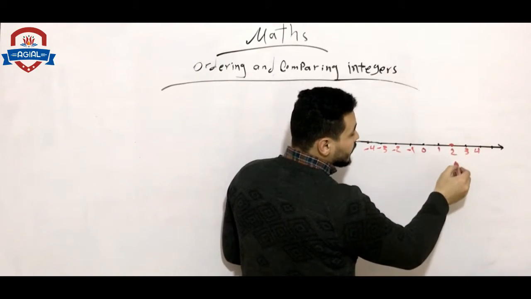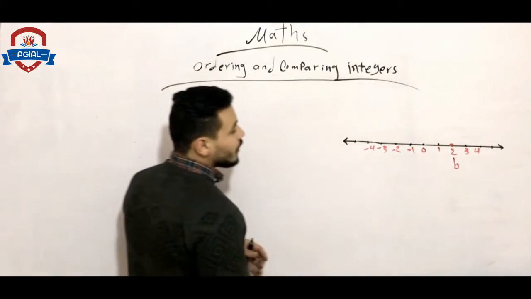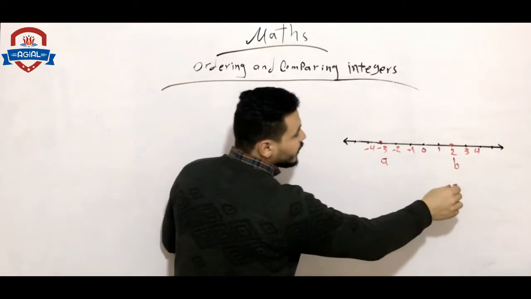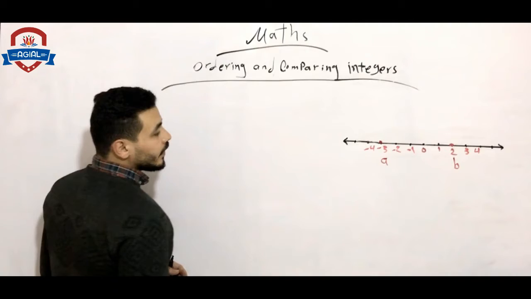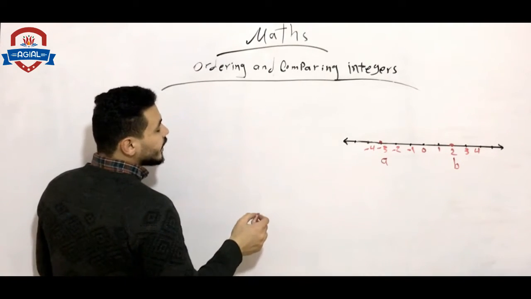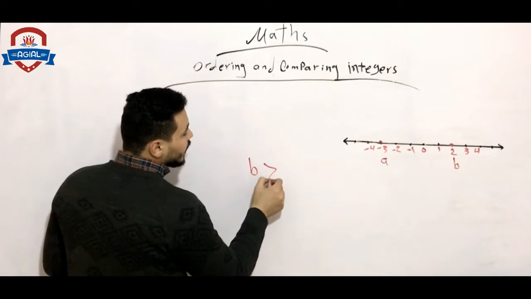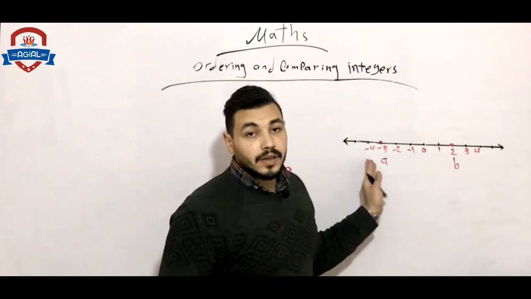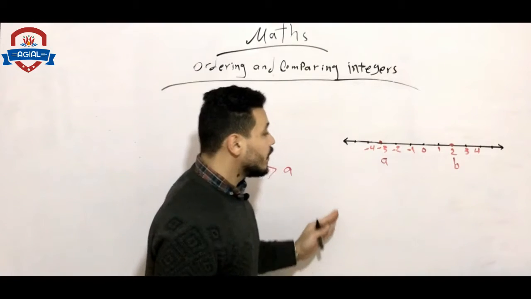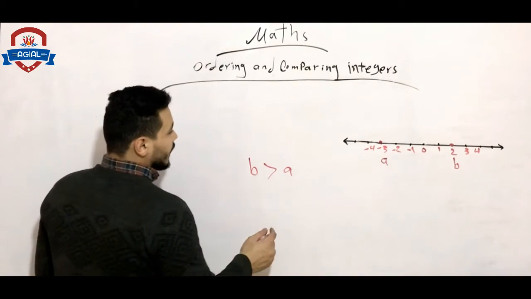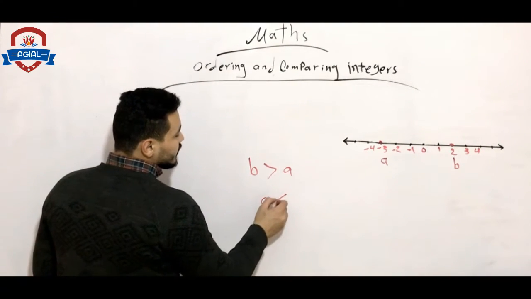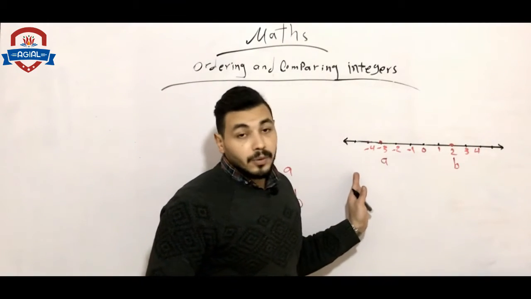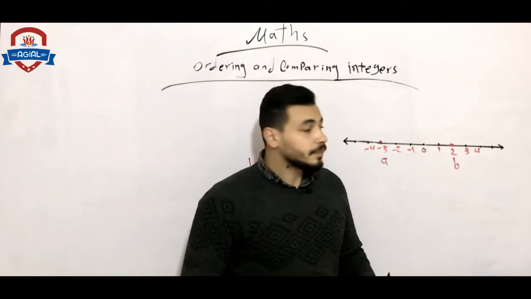If we have a number P lies to the right of a number A, then P is greater than A, and it's written as P is more than A. And if we have a number A lies to the left of a number B, then A is less than B, and it's written as A is less than B. So the same property is also available in the set of integers.